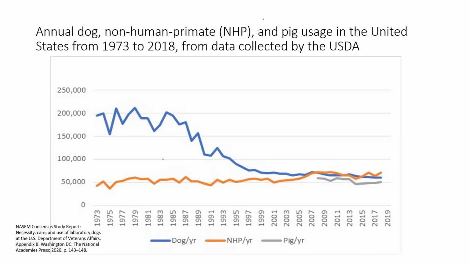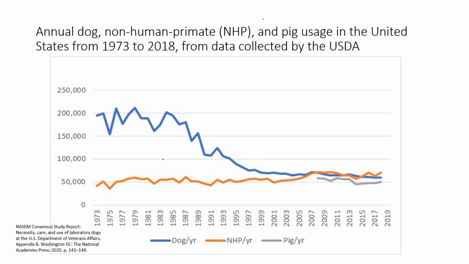And I would surmise that much of that increase has been due to the rise of biopharmaceuticals and the use of non-human primates in regulatory product testing for those products. You've undoubtedly heard that pigs are a substitute for dogs.